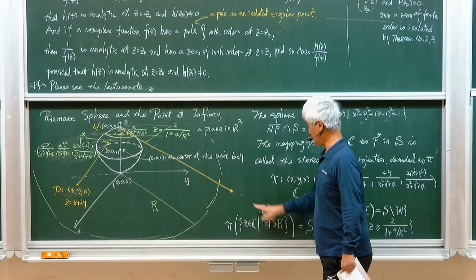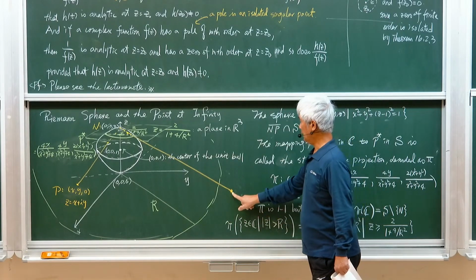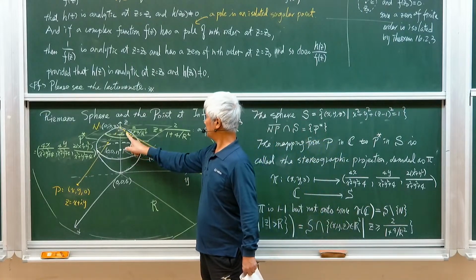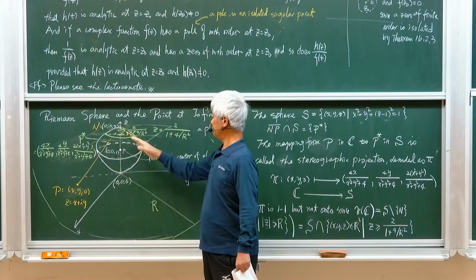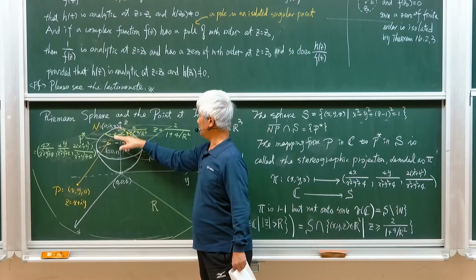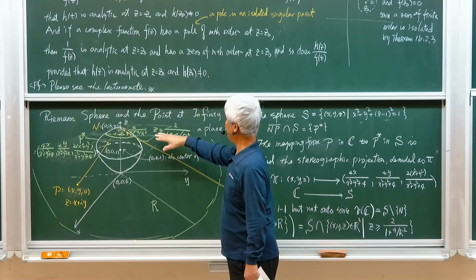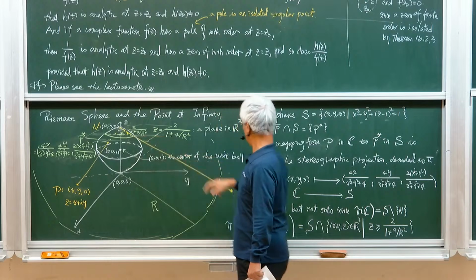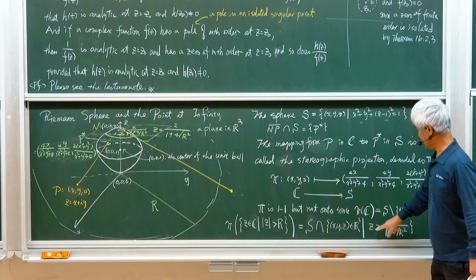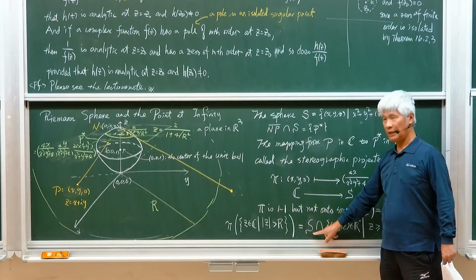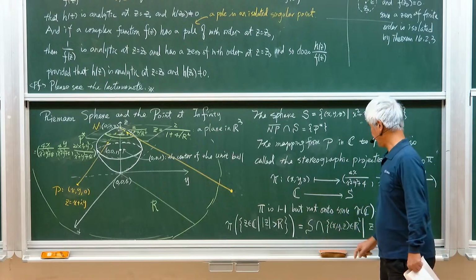So this is the point, and it has a corresponding point which is just inside the circle, cut by the plane here, so that you can see, of course, it's on the sphere.